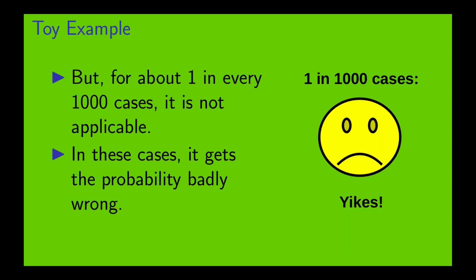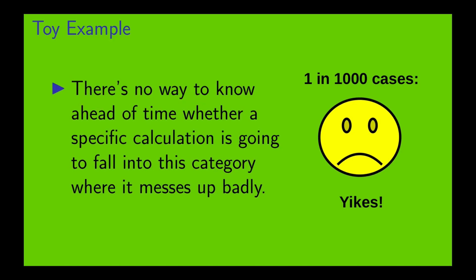But let's also say that for about 1 in every 1,000 cases, your method is simply not applicable. In these cases, it gets the probability very badly wrong. And let's also assume that there's no way to tell ahead of time whether a specific calculation is going to fall into this category where it messes up badly.